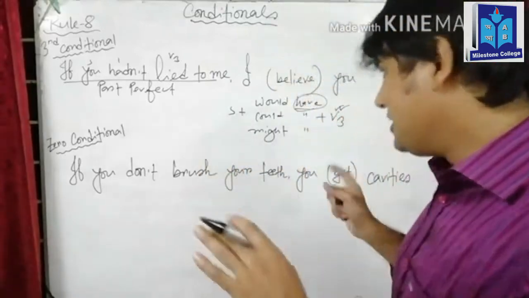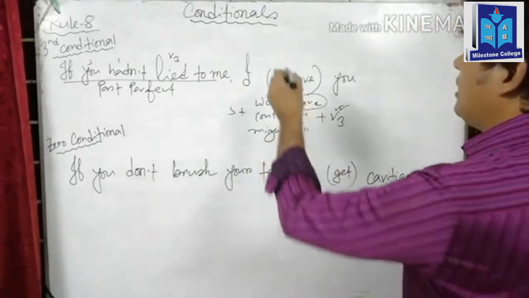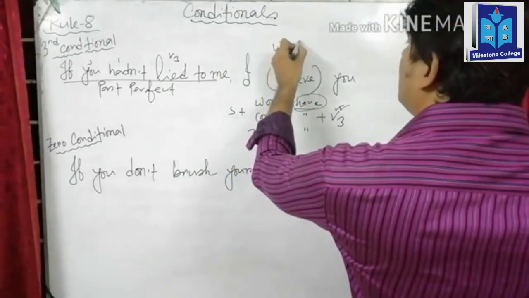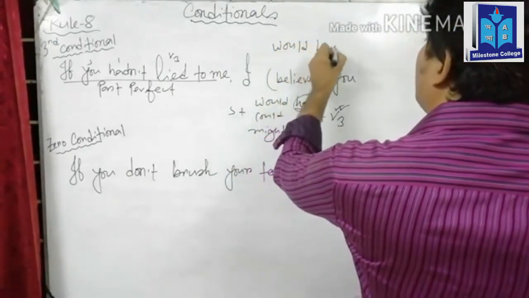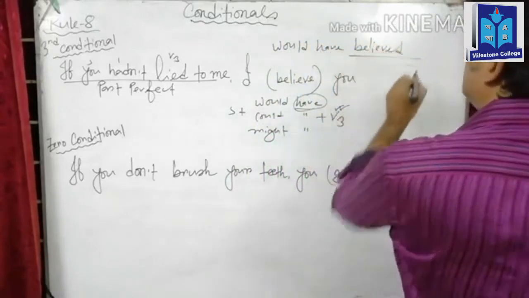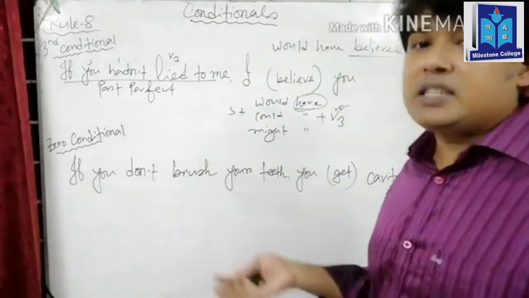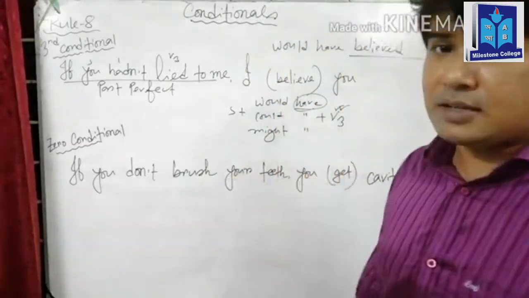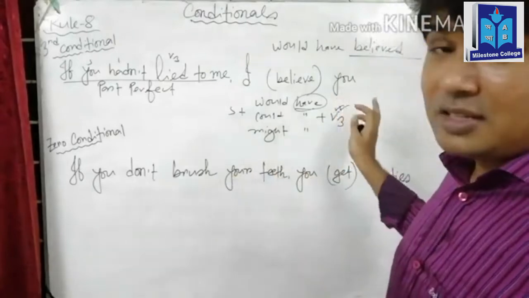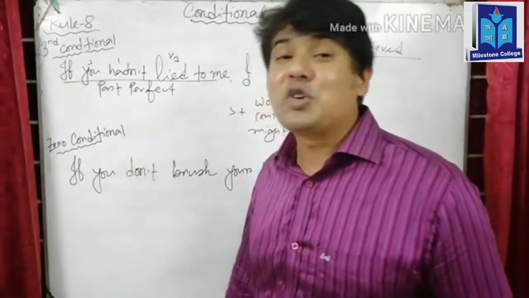So if we follow this structure, the answer would be I would have believed, I could have believed, I might have believed, any of these answers. So this is called the third conditional sentence, and now we will go for zero conditional.